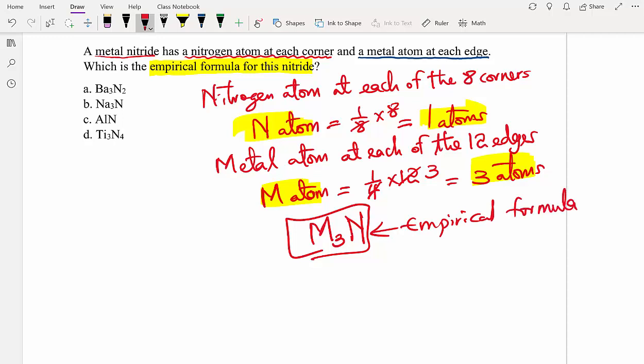And which of these options will be correct? That will be B. Remember, barium, sodium, aluminum, and titanium are metals, but only option B is similar to the empirical formula that we got.